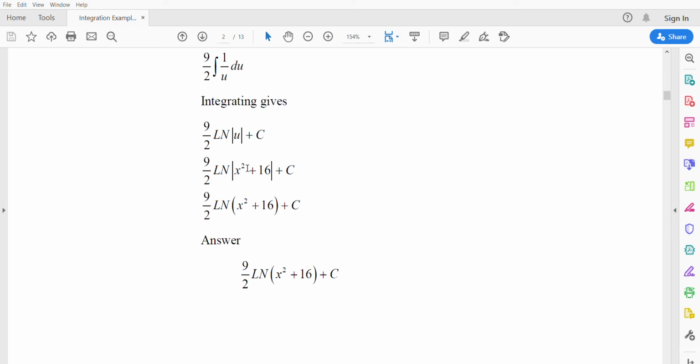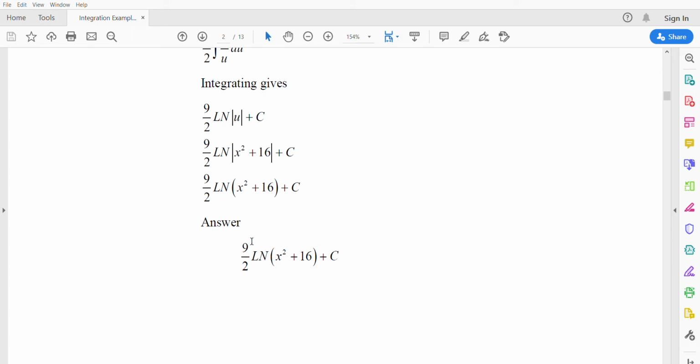Now, since x squared plus 16 is always going to be positive, this can be rewritten as 9/2 times the natural log of x squared plus 16 in parentheses plus a constant. And that's my answer, 9/2 times the natural log of x squared plus 16 plus a constant.